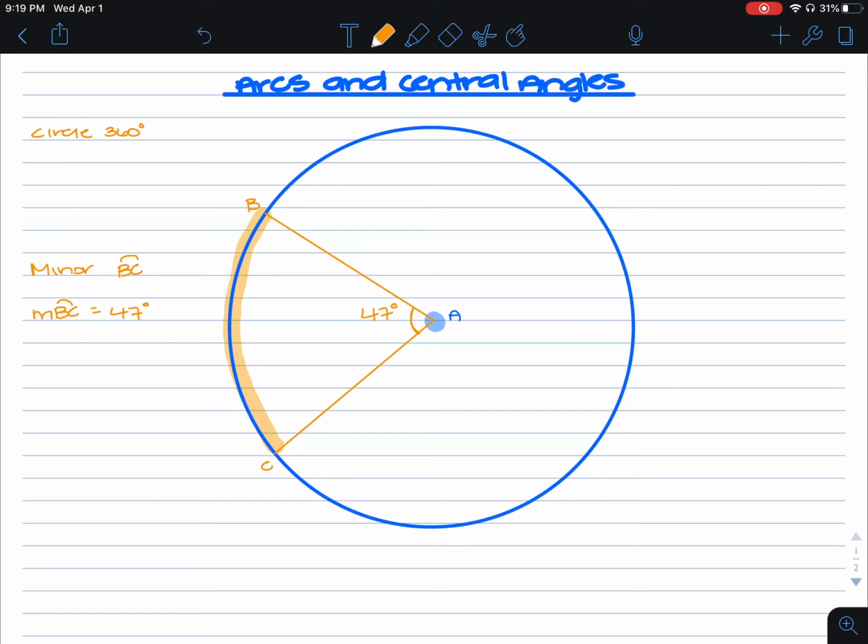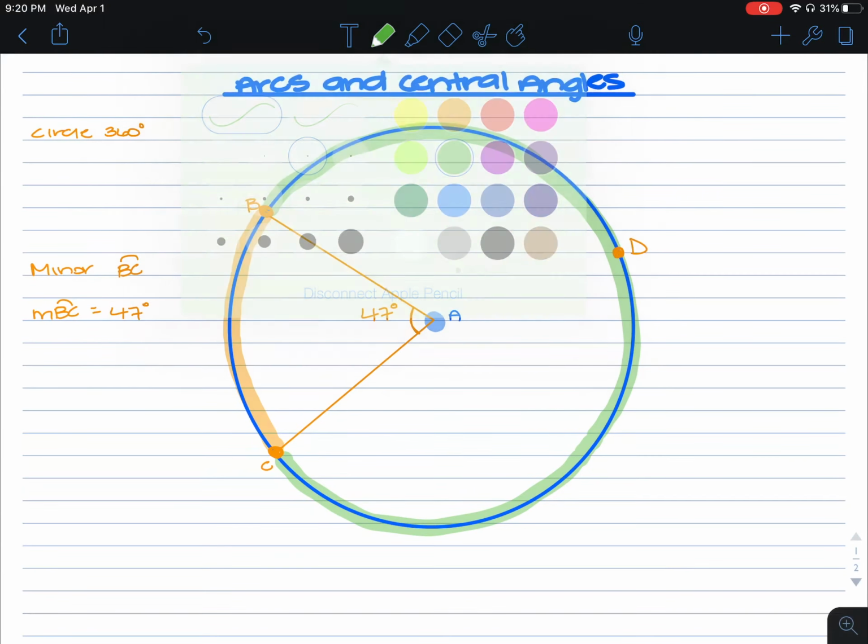All right, I'm going to add one more point here. Let's call this one D. Let me just make these better points here. My major arc, again, we talked about, was this one in the green, which I'm filling in right now. This is my major arc.